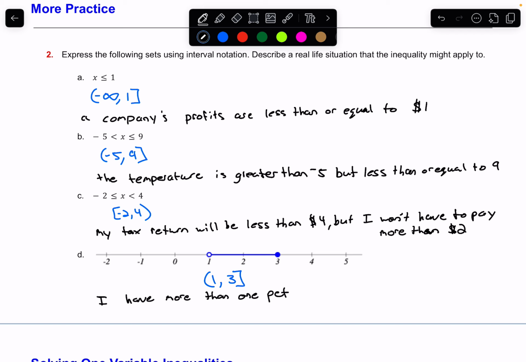My first pet was my dog, Robin, but less than or equal to 3 pets. And my roommate has 2 cats. So in total, we do in fact have 3 pets, but really I just have the one, which is Robin. So I have more than 1 pet, but less than or equal to 3. I consider it having like 1.5 because I have my dog, Robin, and then there's 2 other cats around.